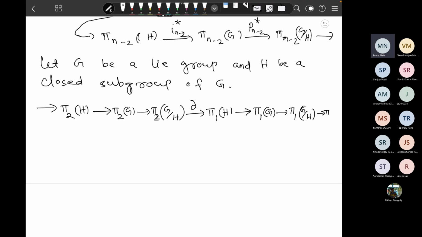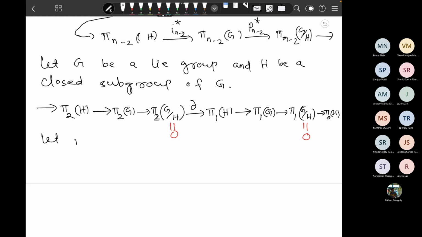That is not required, but it is true that it will go to pi naught of H also. So suppose pi 2 of G by H is equal to 0, and pi 1 of G by H is 0.